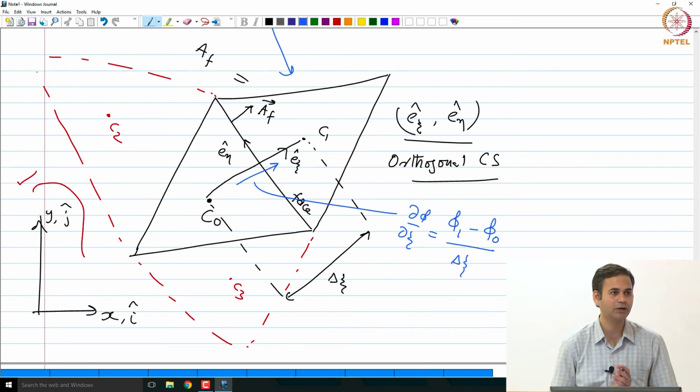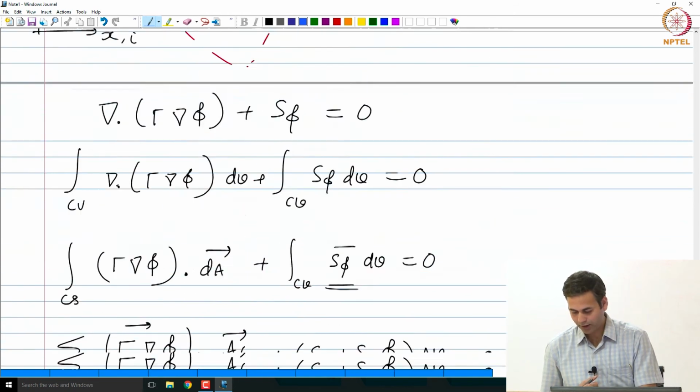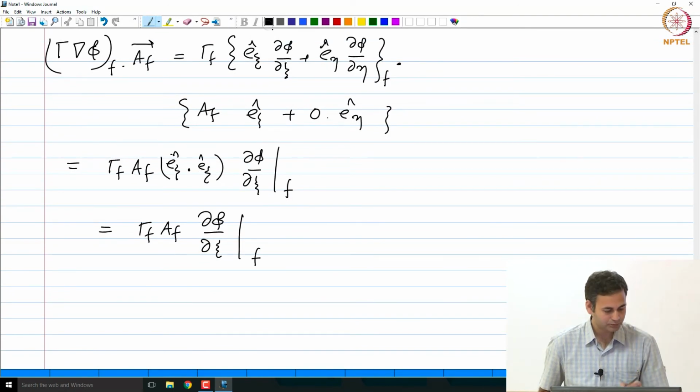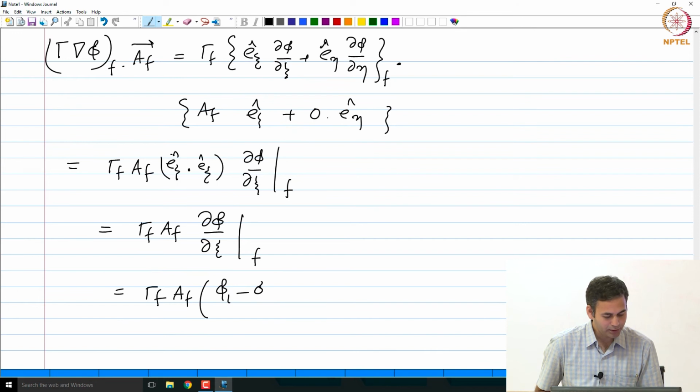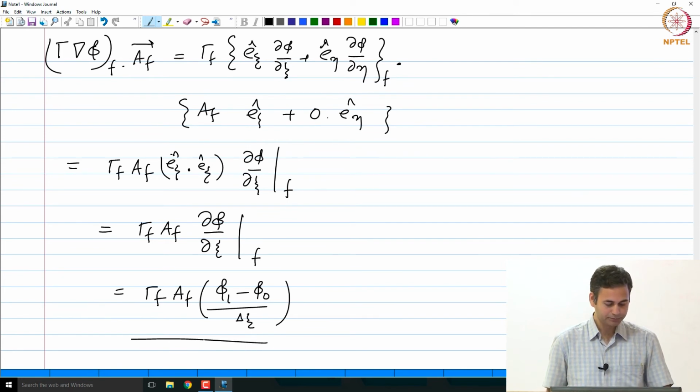This is basically like our Cartesian case, where we have partial phi partial x on the east face as phi capital E minus phi capital P upon delta x e. So, I can write this as gamma f A f times phi 1 minus phi 0 upon delta xi. Okay, that is understood.